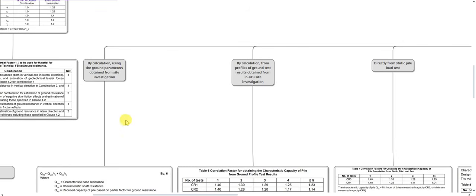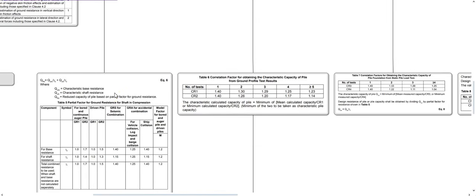Based on this, if we see the first method, from the calculation we'll get the characteristic base resistance and the characteristic shaft resistance, that is the friction. We have to divide the base resistance by gamma B and the shaft resistance by gamma S in order to get the reduced capacity of the pile.